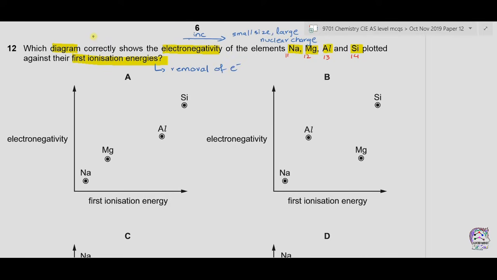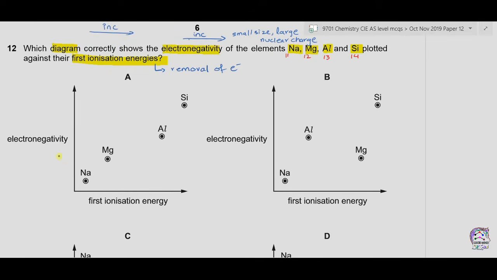Along the period, the general trend is that ionization energy also increases as the size of an atom decreases, and therefore there is more attraction between the outer electron and the nucleus, and also the nuclear charge has been increased, so therefore ionization energy will increase across the period.